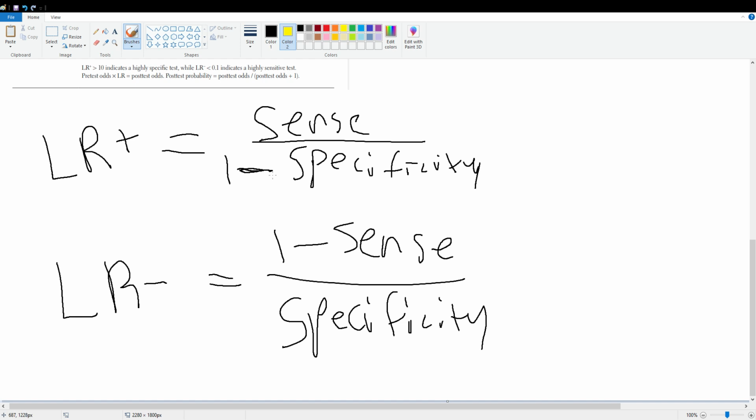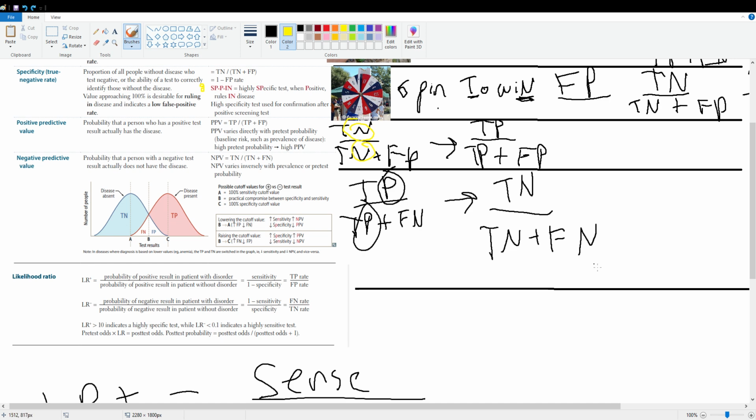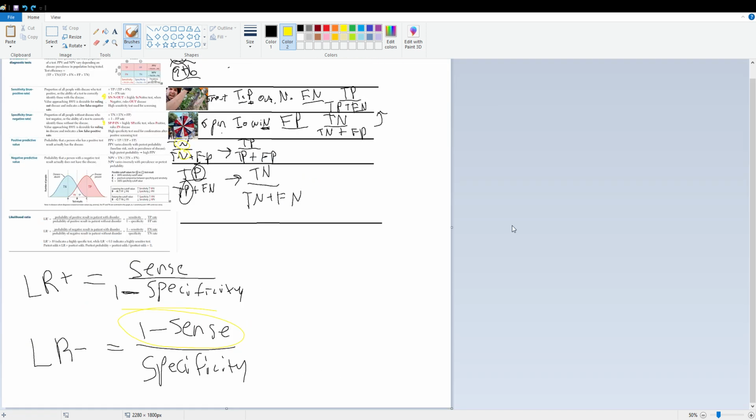So you can remember that in the first one, it just makes sense, so nothing's next to it, and so the 1 minus specificity is going to be in the bottom, or that 1 minus in particular is what I'm talking about. And then in the negative likelihood ratio, it makes less sense because it's negative. And so we get 1 minus sense over specificity. And there you go. There's your 6 equations.